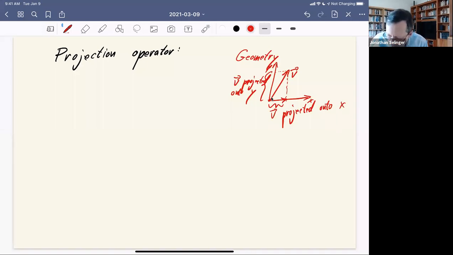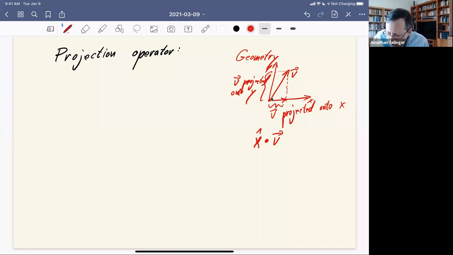Doing geometry, for v projected onto x, we could ask, what's the magnitude of v projected onto x? That magnitude is x hat dot v.